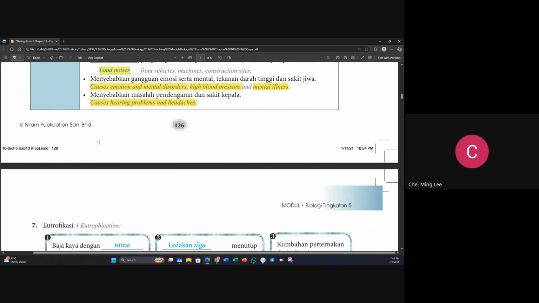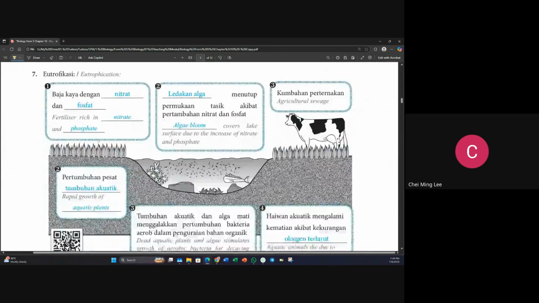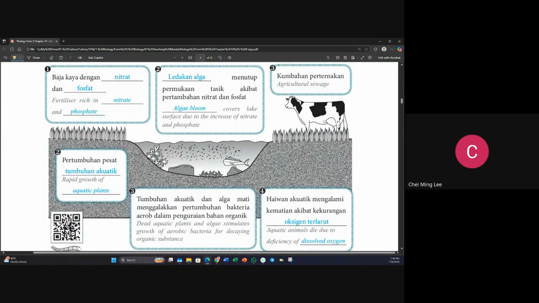Now, okay, let's see eutrophication. So let's see what happened. When we use fertilizer, the fertilizer which is rich in nitrate and phosphate will be mixed with the water in the river or pond.